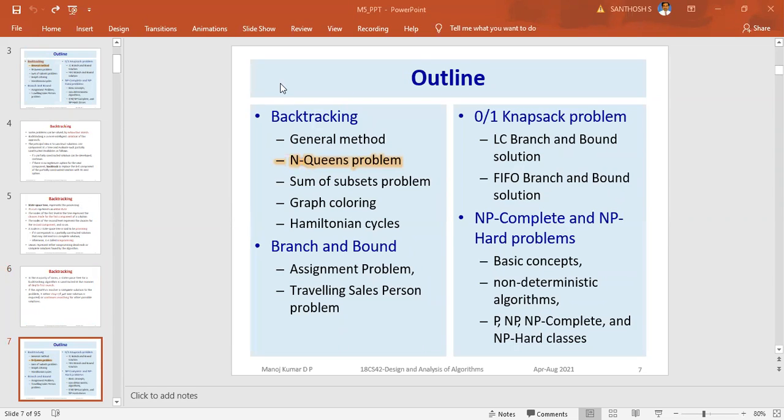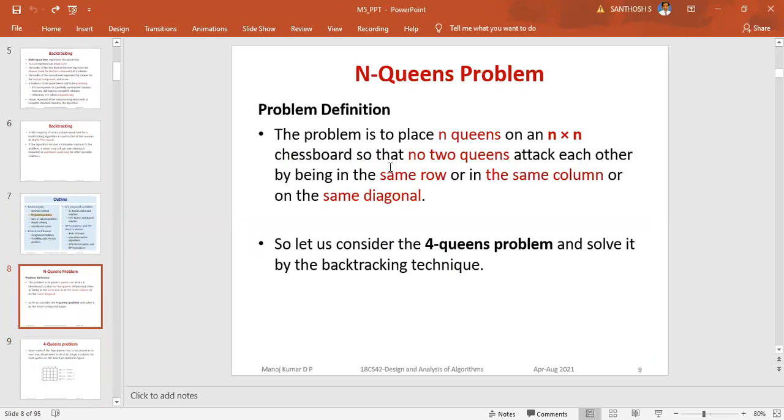That is up to the general method. Now after the general method, we come to the applications where backtracking is used: N-queens, sum of subset, graph coloring, Hamiltonian cycle. Coming to the N-queens problem.